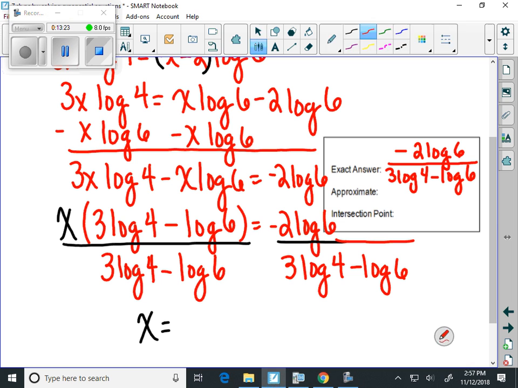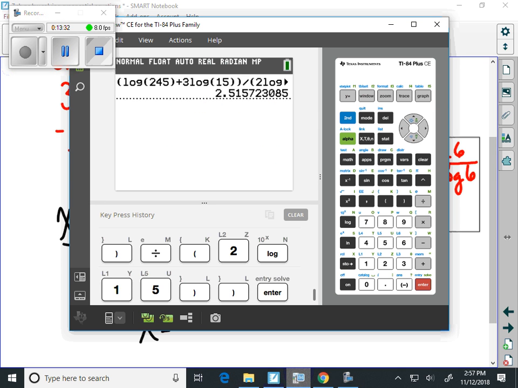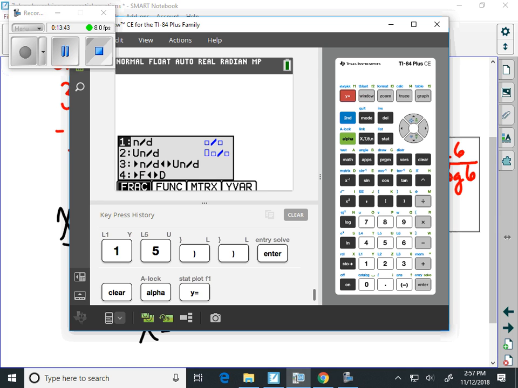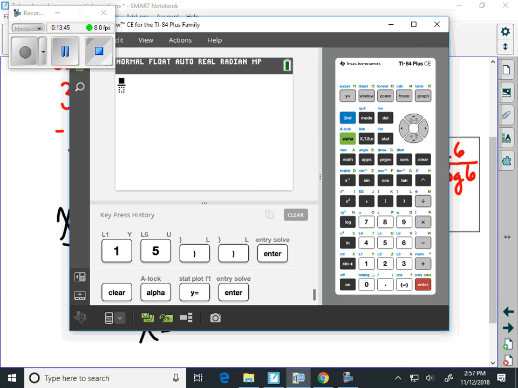So then we want to know what our approximate value is. Again, if you have a fraction button on your calculator, I would recommend that you use that. Otherwise, make sure you get enough parentheses in there. I think I will use the fraction button this time since I didn't on the last one. Alpha y equals number 1.